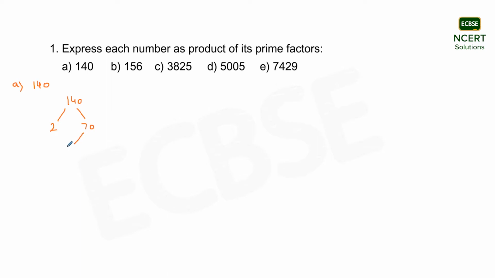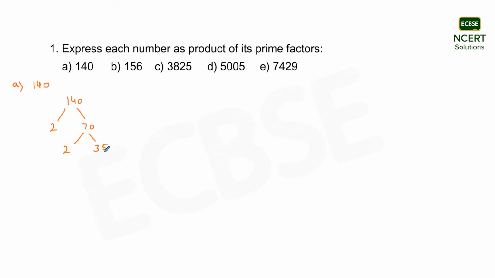If I take 2 out from 70, I'll be left with 35. And the number 35 is not an even number, so it will not be divisible by the prime factor 2, and neither is it divisible by 3, because the sum of 5 and 3 comes out to be 8.